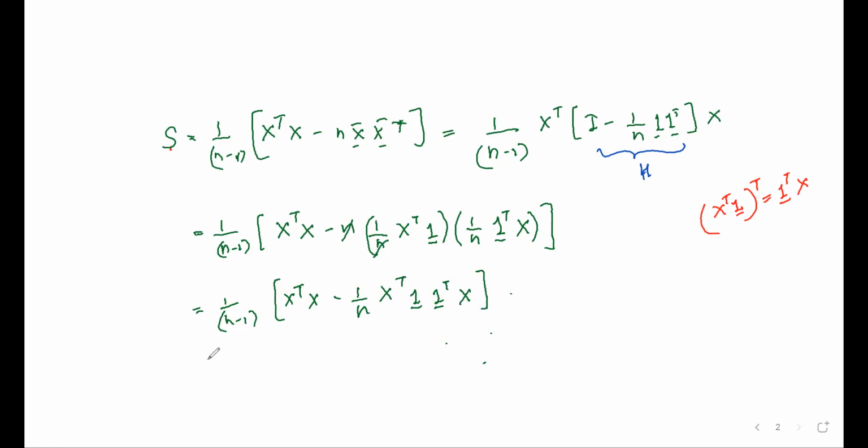Now you can take x transpose x out, but you can see in the second term you have something in the middle. So you have to take x transpose from the left side and X from the right side. Remember matrix properties. We learned the matrix algebra first because of that.